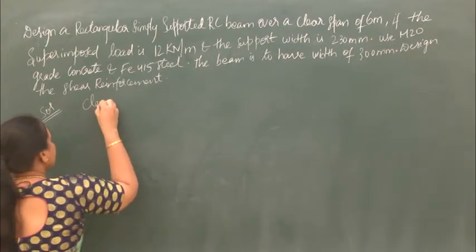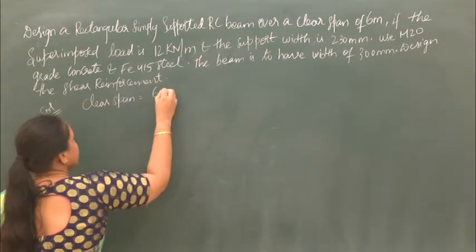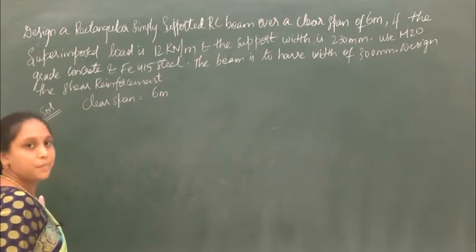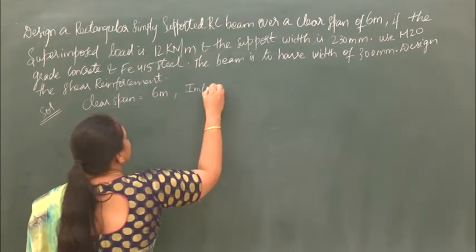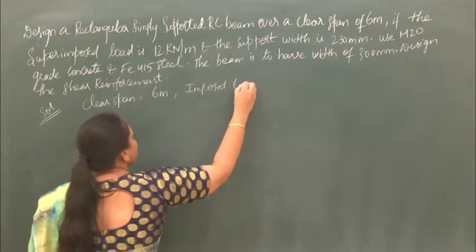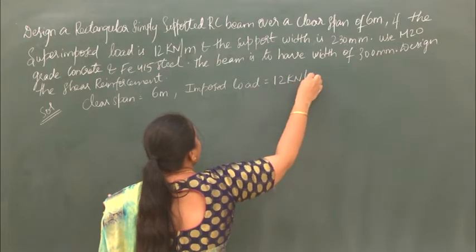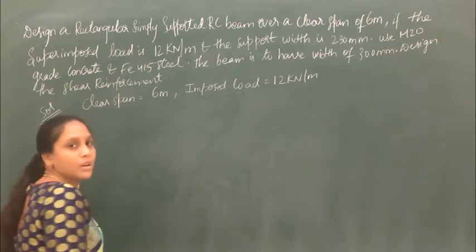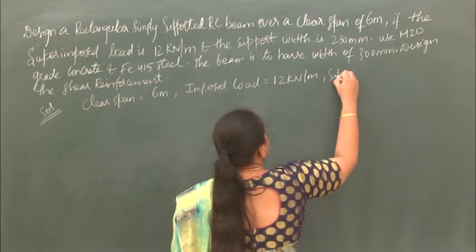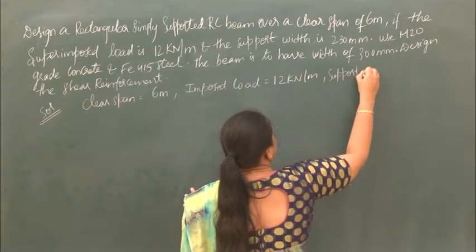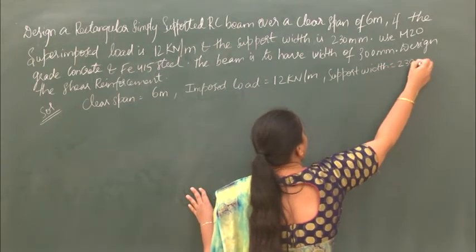Here the clear span of the beam is given, which is 6 meters, and imposed load is given. The imposed load is being 12 kilonewton per meter. Support width is given. The support width being 230 mm.